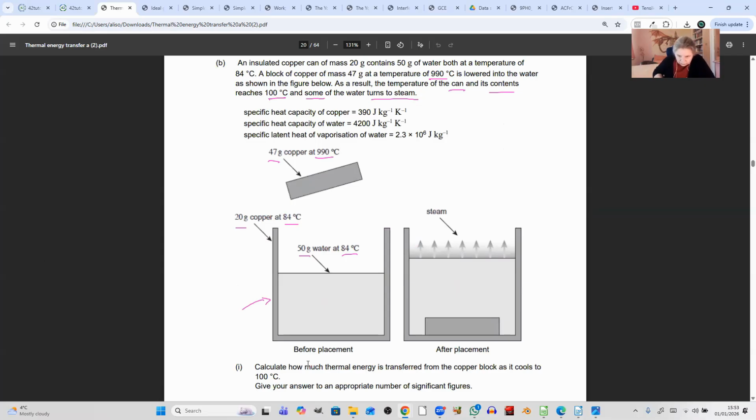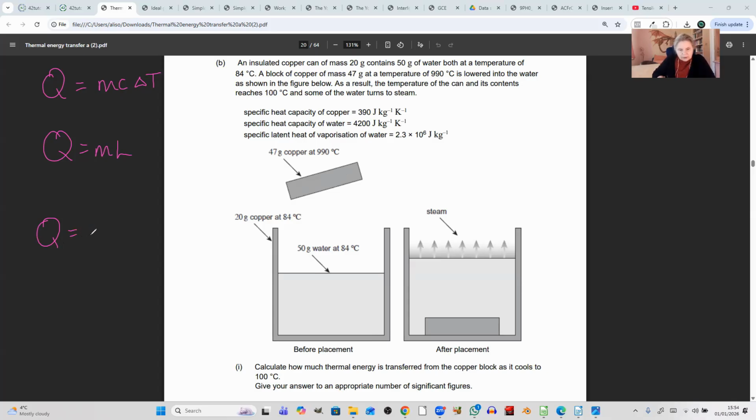So we want to, first of all, calculate how much thermal energy is transferred from the copper block. So which of our equations, Q is equal to mc delta T or Q is equal to ml, are we going to use for our copper block? The first one, good, because its temperature is changing. Okay, so Q is my thermal heat energy, m is the mass of the copper block.